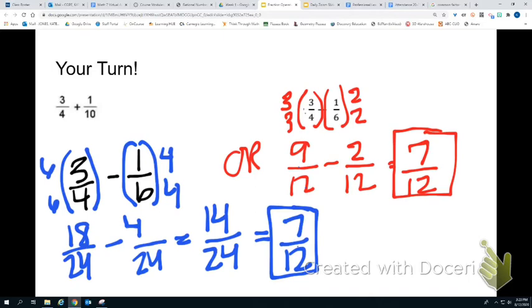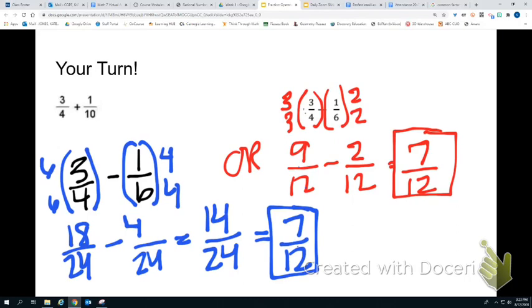If you didn't think that 12 was a common factor and you just did the 6 and 4 together and you did 24, that works too. So instead of multiplying your 3/4 times 3, you multiply it times 6, so it changes to 18/24. Then your 1/6, you multiply that times 4 instead of 2, so you get 4/24. So 18/24 minus 4/24 equals 14/24.